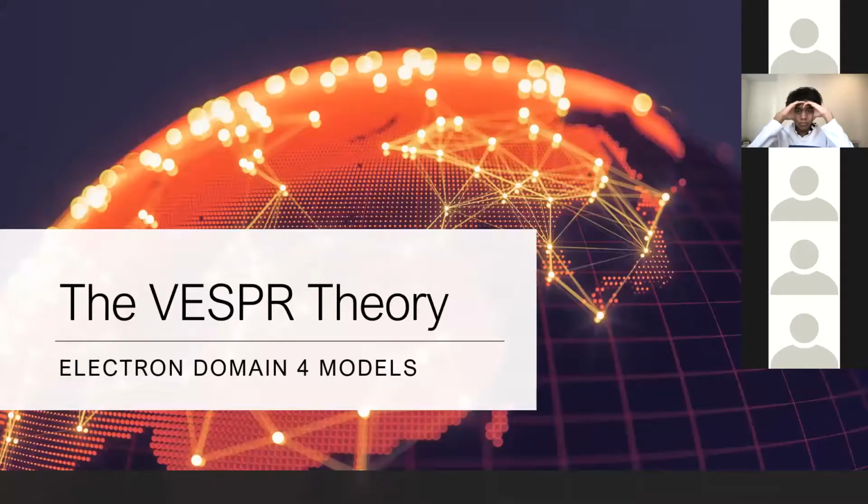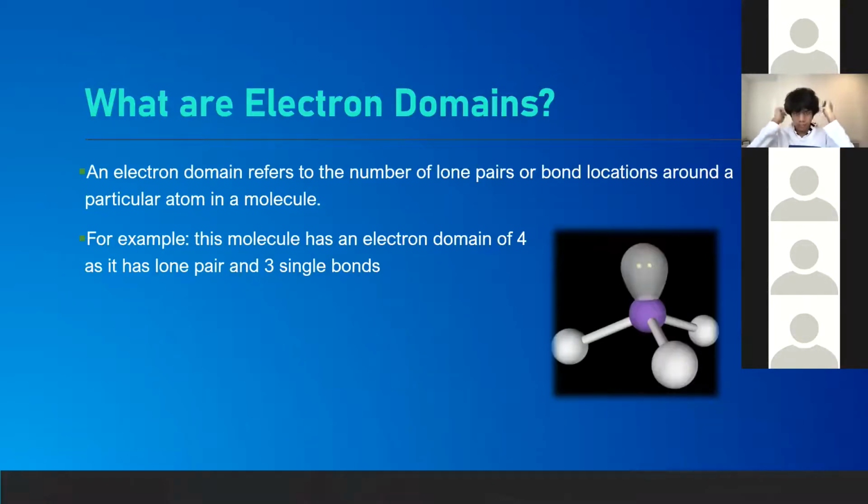So coming to my presentation, I'm going to be demonstrating the electron domain 4. Just to clarify, we'll go into the technical bit for a bit here. So what are electron domains? An electron domain refers to the number of lone pairs or bond locations around a particular atom in a molecule.